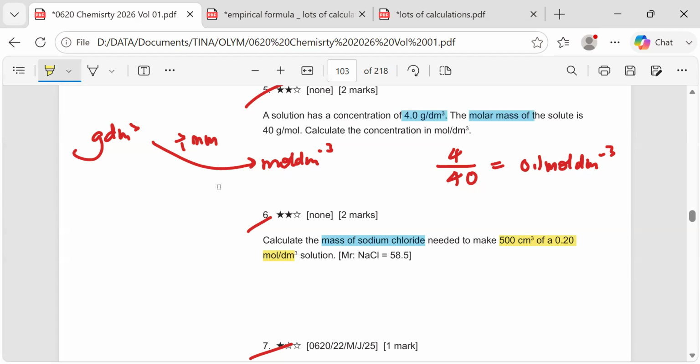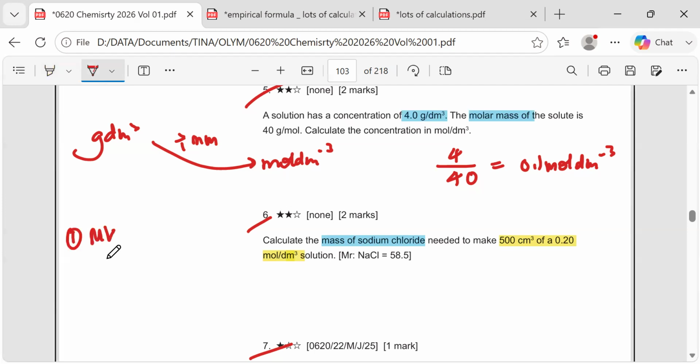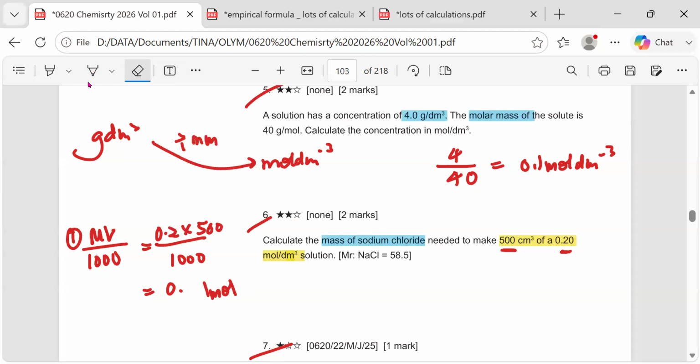Formula 3, because there is this, that means you always do MV over 1000. M is 0.2. So 0.1.